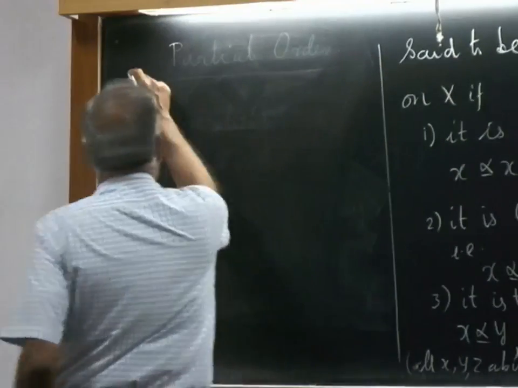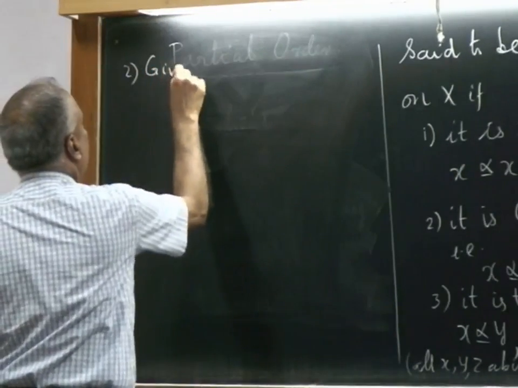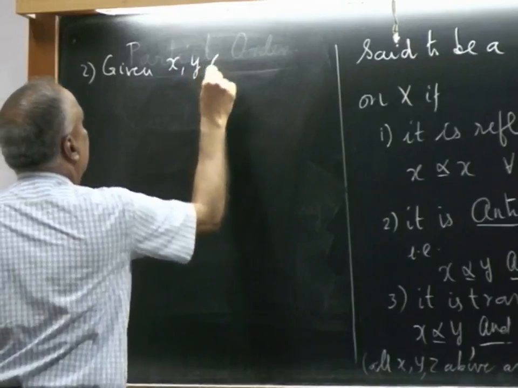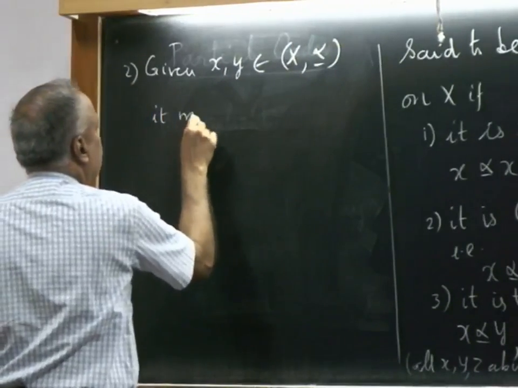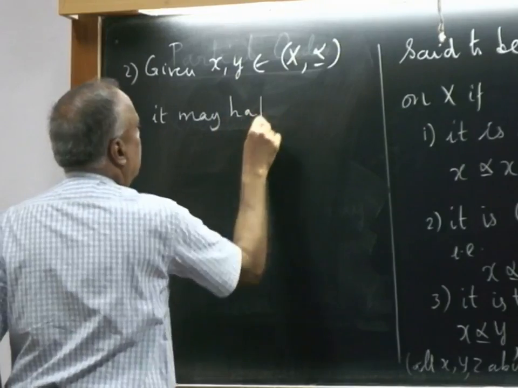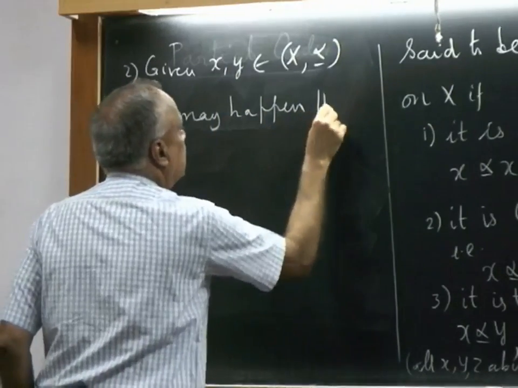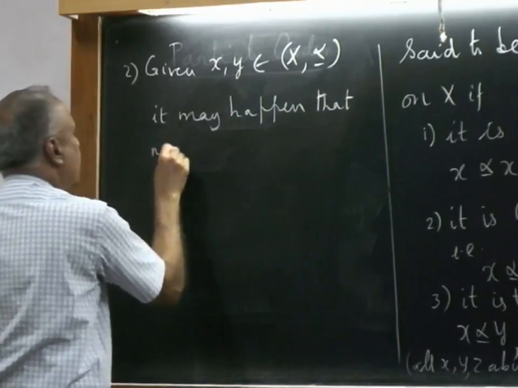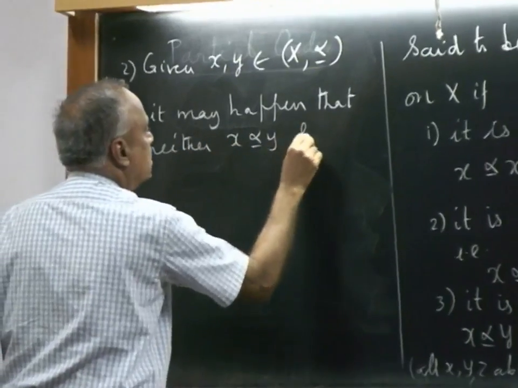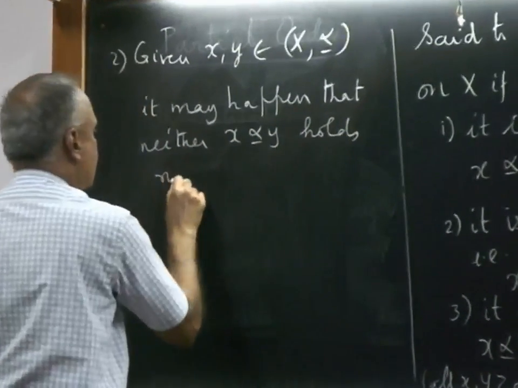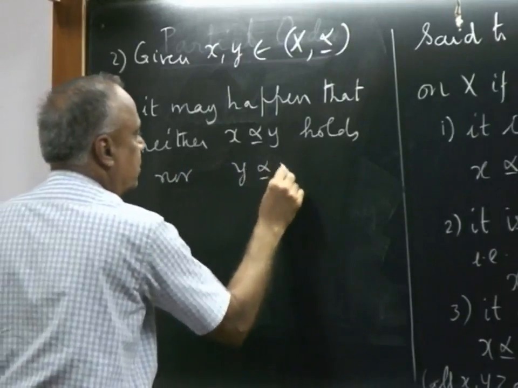Given x, y in a partially ordered set, it may happen that neither x is related to y holds, nor y is related to x.